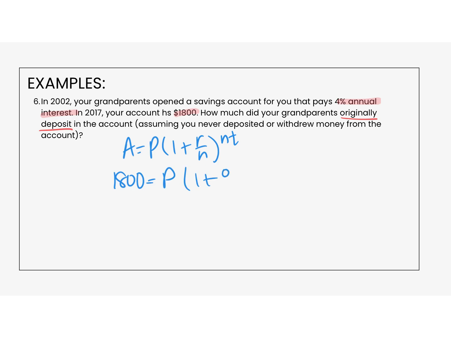My rate is 0.04, and it's being compounded annually, so just one. 1 times, okay, we have to think about time a little bit here. So it's telling me that I opened this account in 2002, and in 2017 is when I had this money. So to find T, 2017 minus 2002. So that was 15 years.